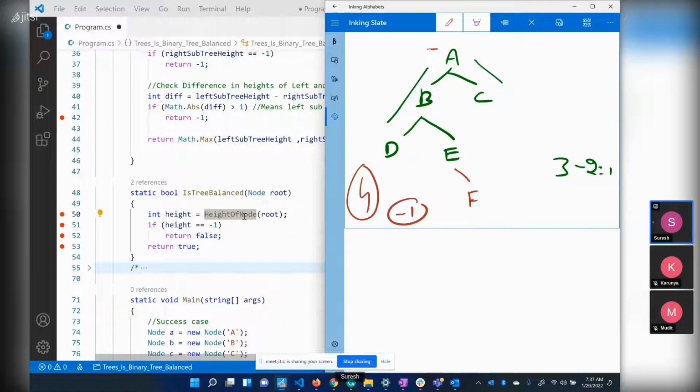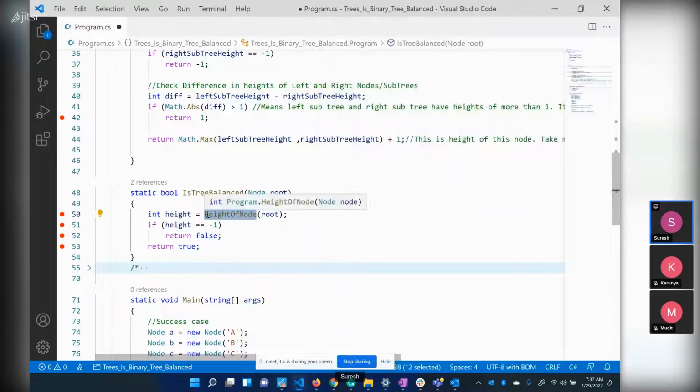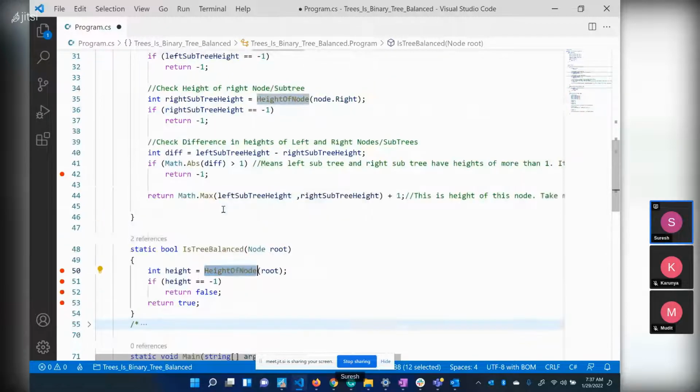Basically, this algorithm will not return the height of the root or height of the tree all the time. Even though it says get height of the node or height of the root, we modified the algorithm so that it will return -1 if the tree is not balanced. If the tree is balanced, we'll get the height.